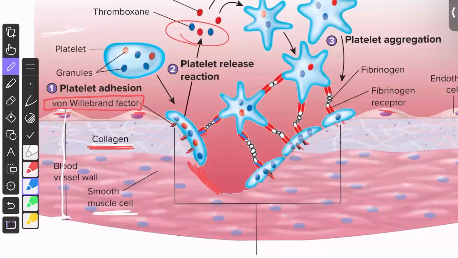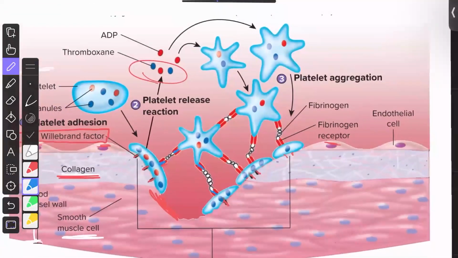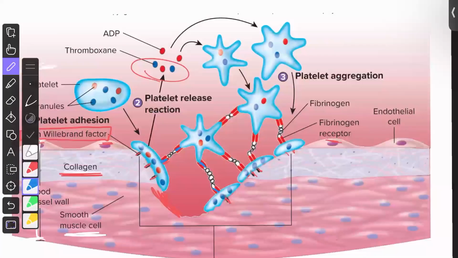Positive feedback. Okay. Blood clotting is a positive feedback process. Now, this will continue basically until the vascular spasm stops and the blood has stopped flowing.